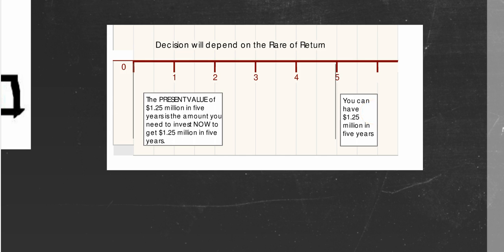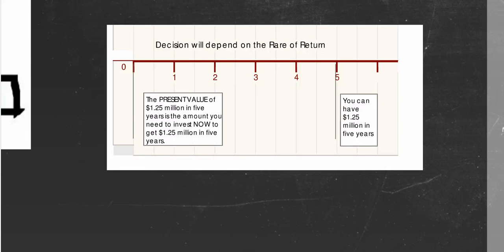And if we look for that amount to invest, we call it the present value. The present value of $1.25 million in 5 years is the amount you need to invest now to get $1.25 million 5 years from now.